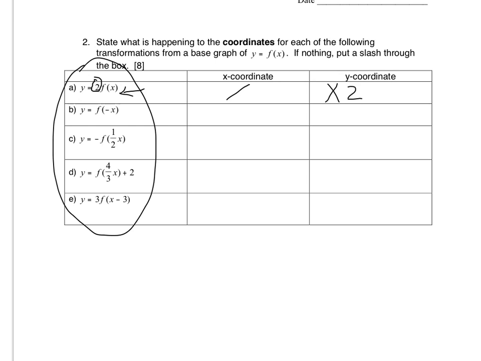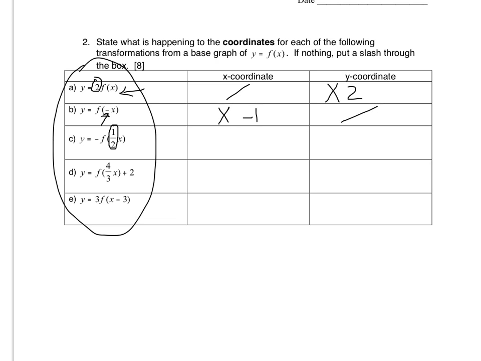The next one, as you can see, the x coordinate is going to be multiplied by negative 1, so I'm going to say multiply by negative 1. But the y coordinate is not going to change, so I put a slash here. The next one, if you look at this one, the x coordinate is multiplied by 1 over 2 here.